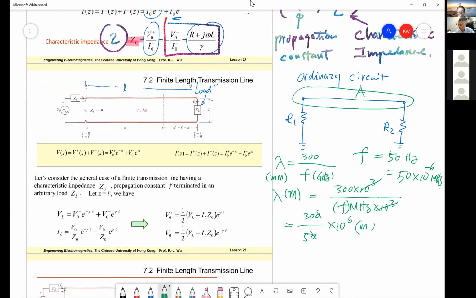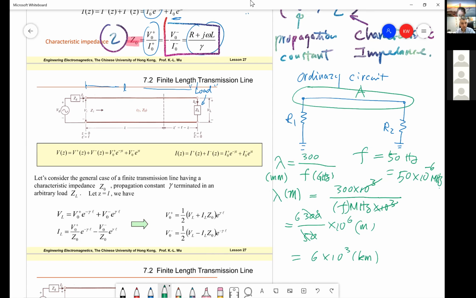Okay, so that is a 6,000 kilometer wavelength. So if I use 1 kilometer long, how many wavelengths is it?